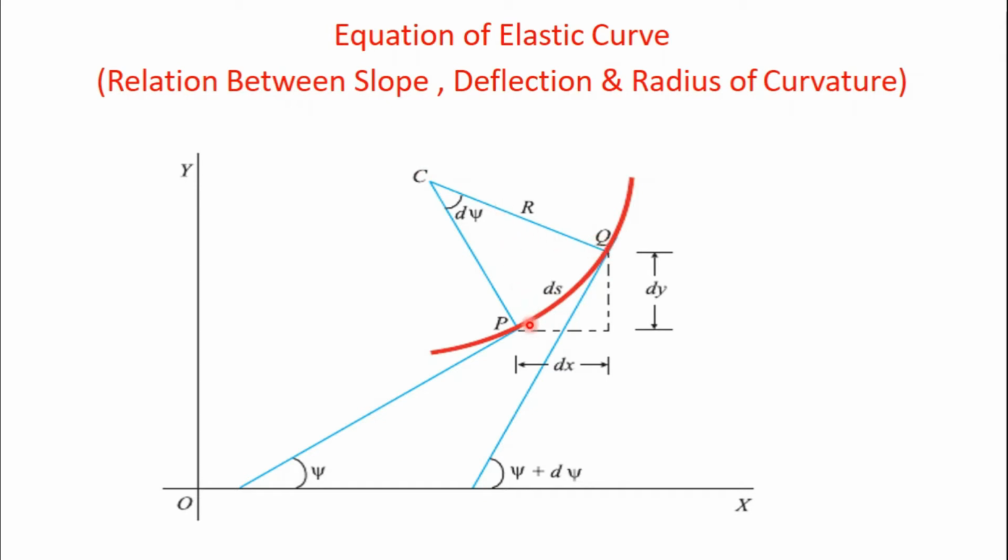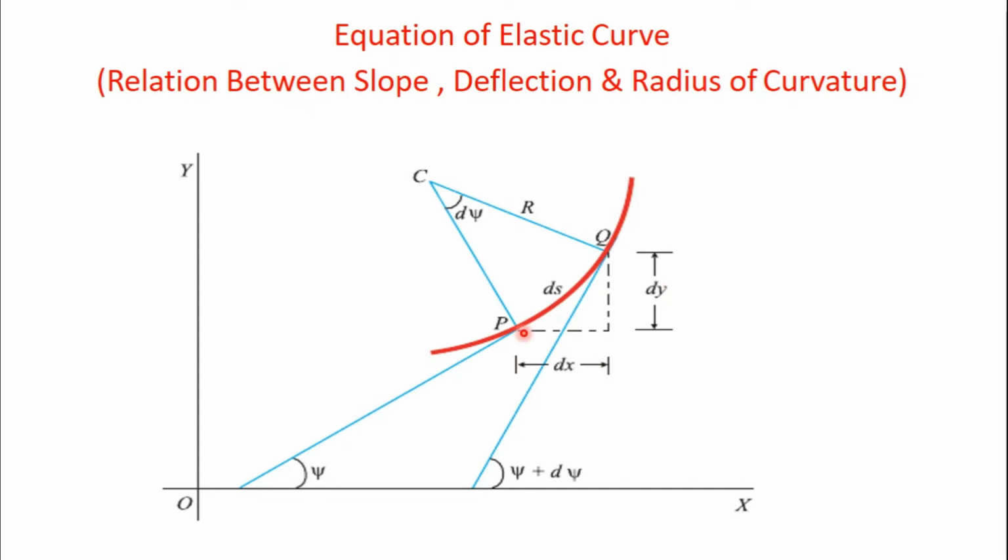Now a very small elemental length of the curve is being taken here, which is represented as ds, and this elemental length of the curve, which is shown between P and Q, subtends the angle d psi at the center C. And since ds is very small, we can also make one right angle triangle, and we can calculate the rise of the curve along y-axis, which is dy, and the change in the position of the curve along x-axis, which is dx. So that's why it is written dx and dy.